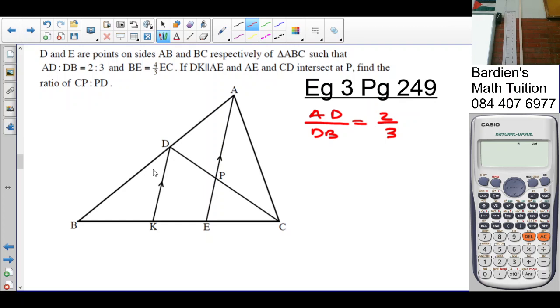So you got AD, and I fill it in here. It's going to be 2K, and BD is 3K. So what is the length of AB? 5K. You all okay with that?